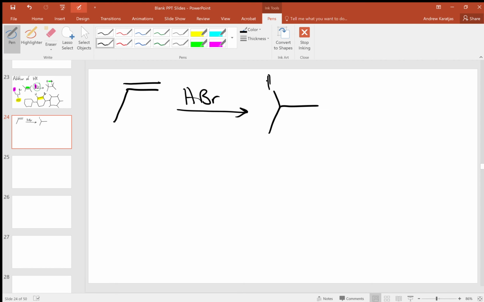So does the H go here and the bromine here, or bromine here and hydrogen here? Well, the true answer to this question is it's actually both, a not terribly difficult question to answer, as well as being a very, very complicated question to answer.